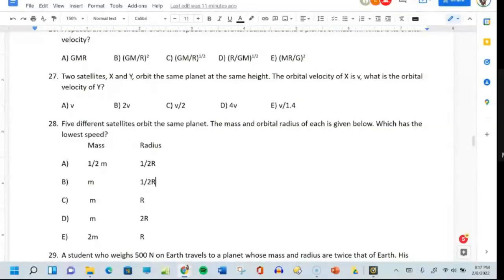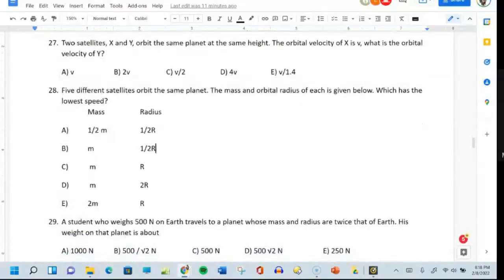What gets canceled out on both sides is the m. So the only thing that matters in orbital velocity is r. It's something we talked about before. It's like 28, isn't it? Remember we talked about in the tip sheet that the only thing that determines orbital velocity is r.